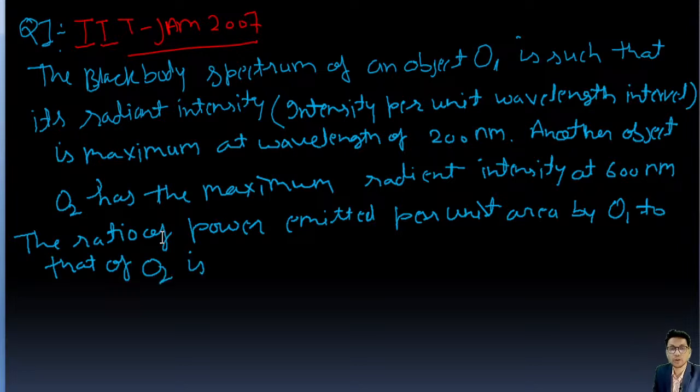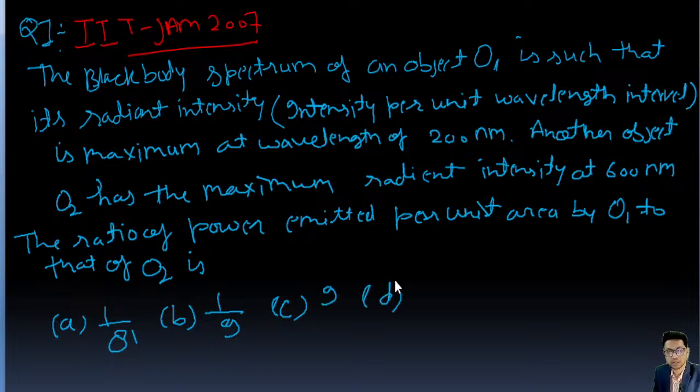The options are: A, 1 upon 81; B, 1 upon 9; C, 9; D, 81. These are the options which are given.